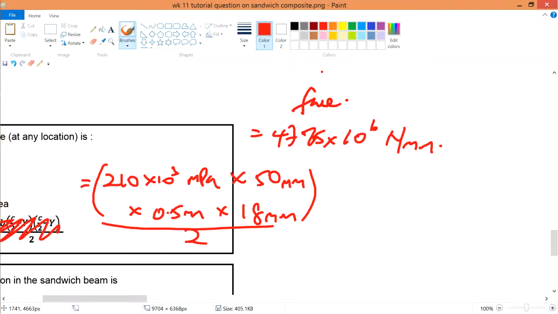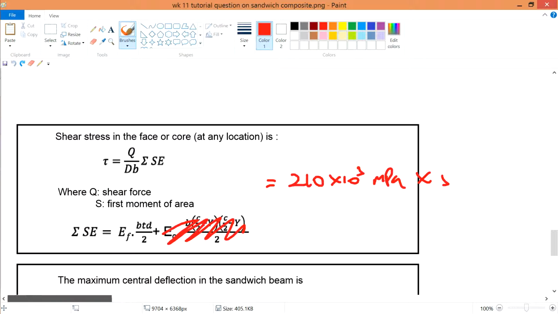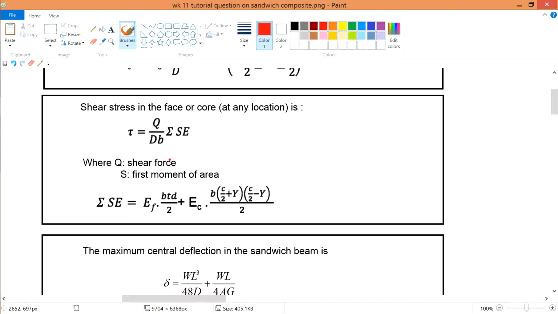I don't know why he didn't include the composite equation. In case I update in the future, he says that you need to use the full equation. I don't know when you need to use the full equation. If you use the composite, do you use only the composite and cancel away the face?